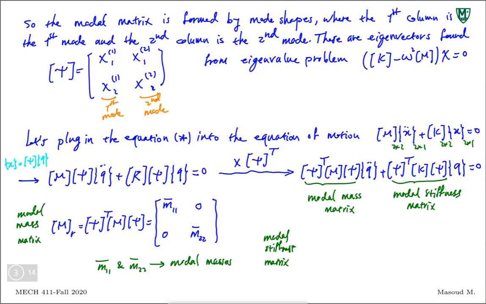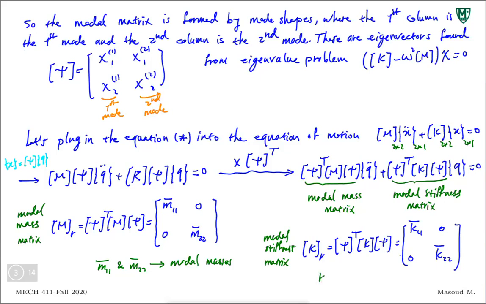Modal stiffness matrix, K R, is psi transpose K psi, which also gives you a matrix with only diagonal elements. Call this K11 bar, 0, 0, K22 bar.